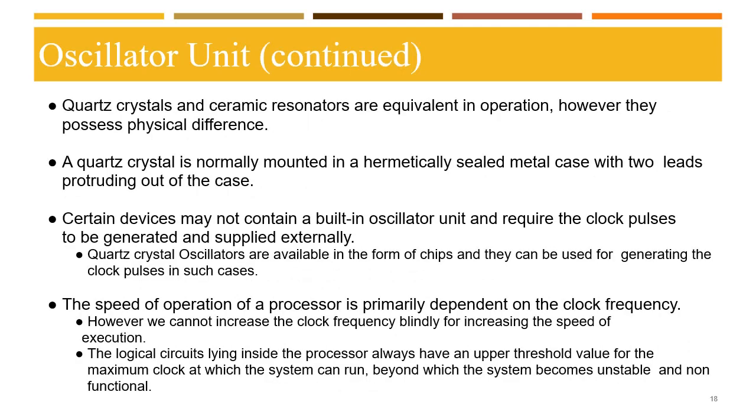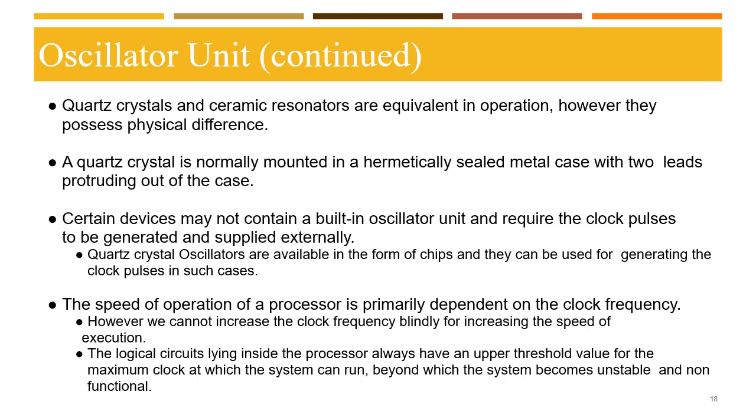A quartz crystal and a ceramic oscillator are almost equivalent in their operation; they differ only in their physical characteristics. A quartz crystal is normally mounted in a hermetically sealed metal case with two leads coming out of it. Certain devices may not contain a built-in oscillator unit.